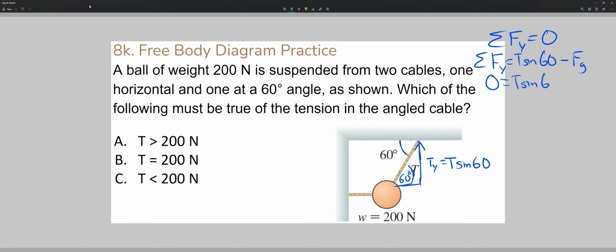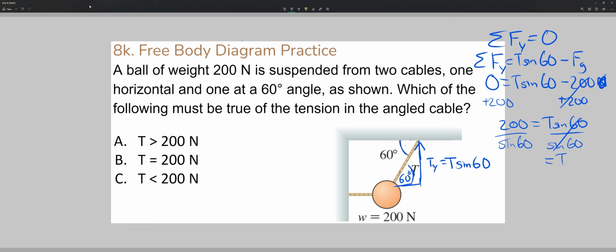T sine 60 minus 200 newtons. You don't really need to put the newtons there. Plus 200 on both sides, so 200 is equal to T sine 60, divided by sine 60.